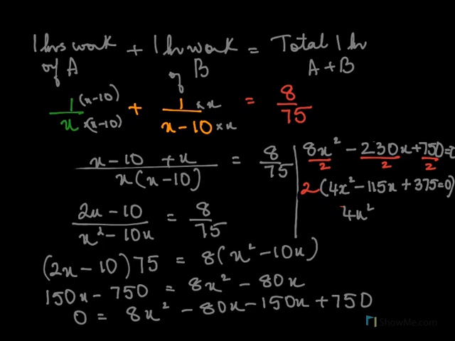So I ignore the 2. This is my equation, so I'll write it out again: 4x square minus 115x plus 375.